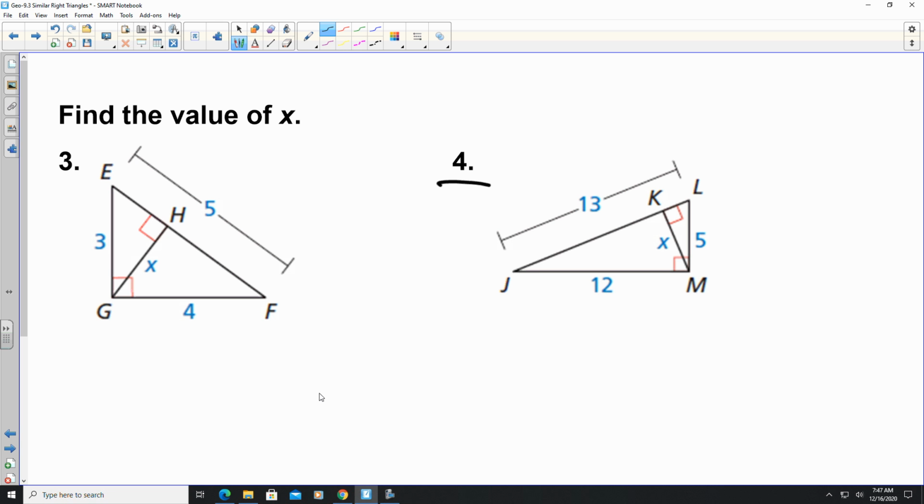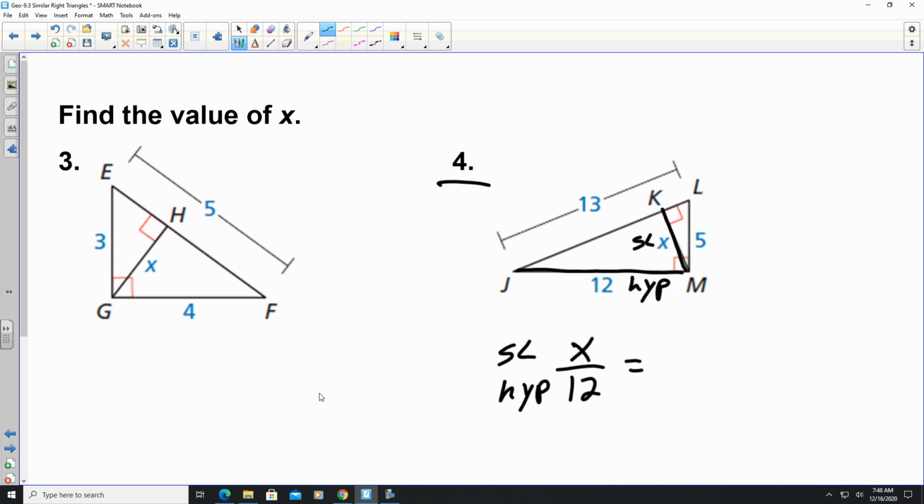So for the medium triangle, it looks like they give us the short leg, and they give us the hypotenuse for the medium triangle. So I'm going to write this in as x over 12 is going to be proportional to, so now remember x is the short leg and the hypotenuse is 12.